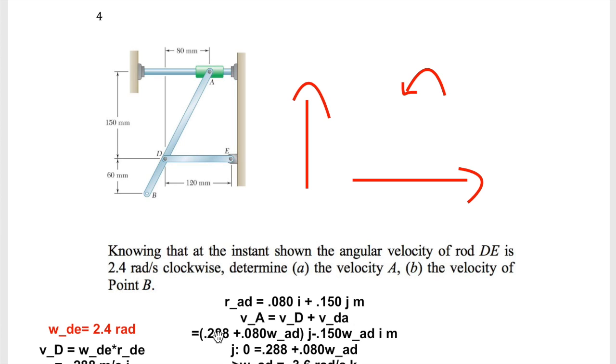And by solving that, we get 0.22 minus 0.080 times the angular velocity of AD in the j, and minus 0.150 times the angular velocity of AD in the i. For the j, since we know that A can only go in the i direction, it has to be equal to 0. So we can solve for the angular velocity of AD, which is negative 3.6 radians per second.